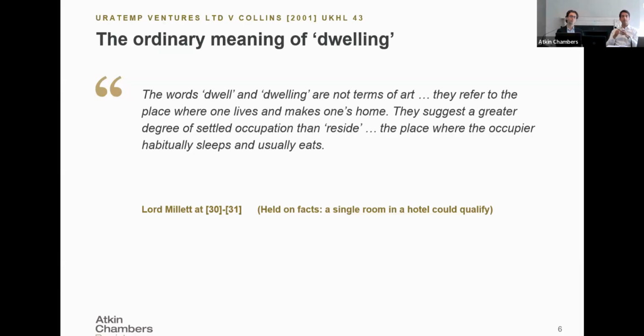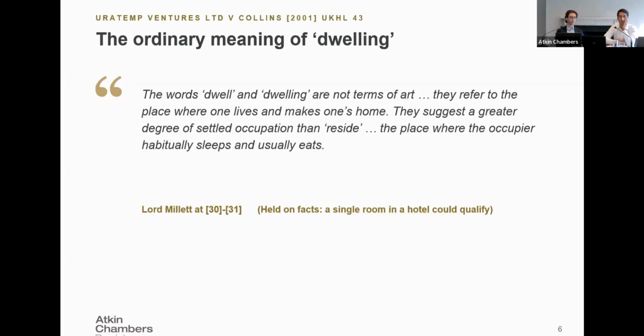And that in itself provides an argument that there are different shades of occupation, with reside being more transient than somewhere you're settled and living consistently.